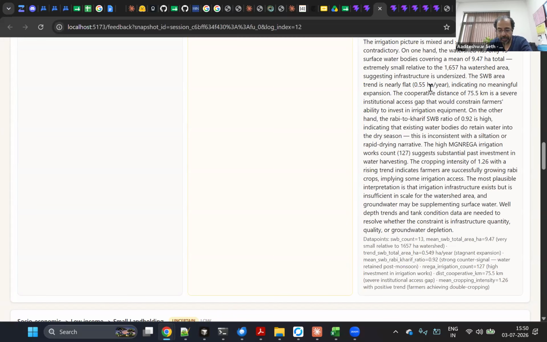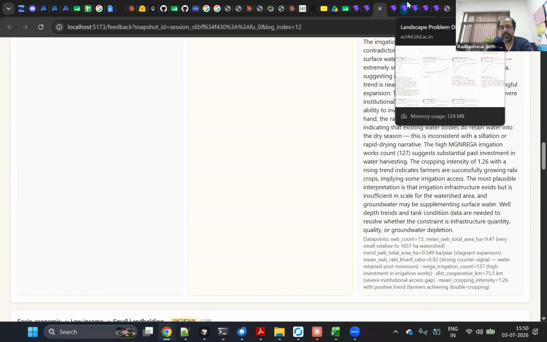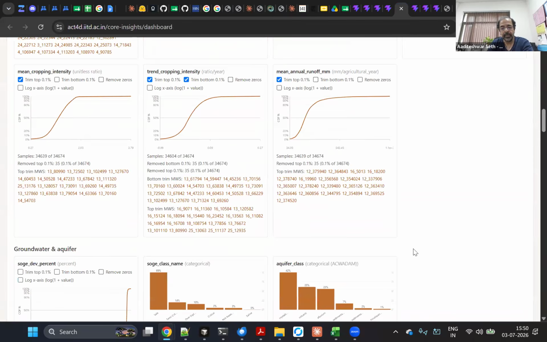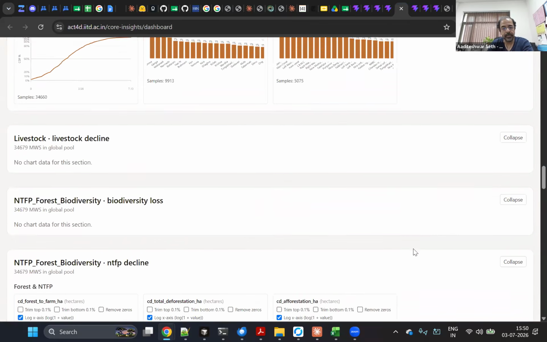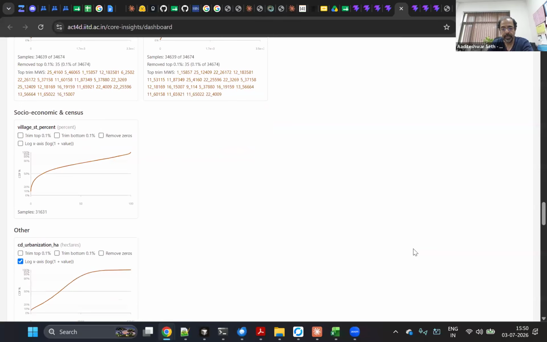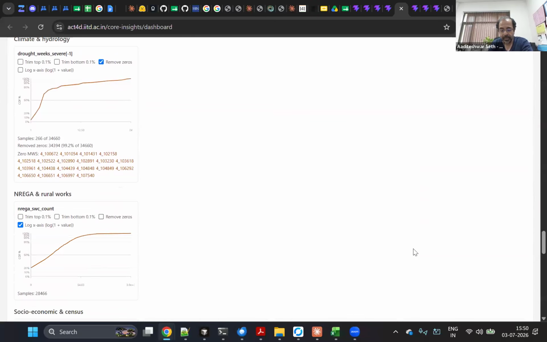Like some of these CDFs that I was showing, you can understand how diverse these landscapes are, what the range of these variables is, and all of that can then be embedded into these kinds of reasonings that can be done.